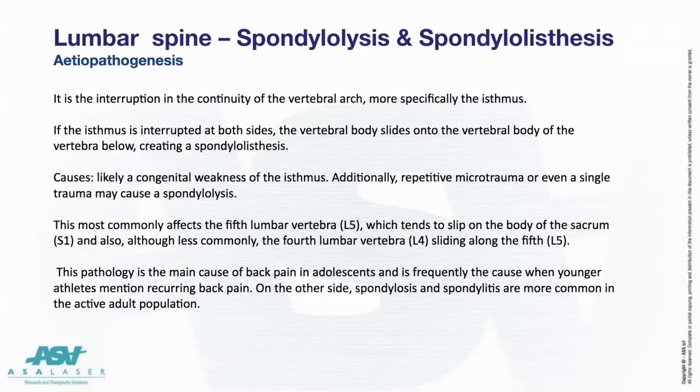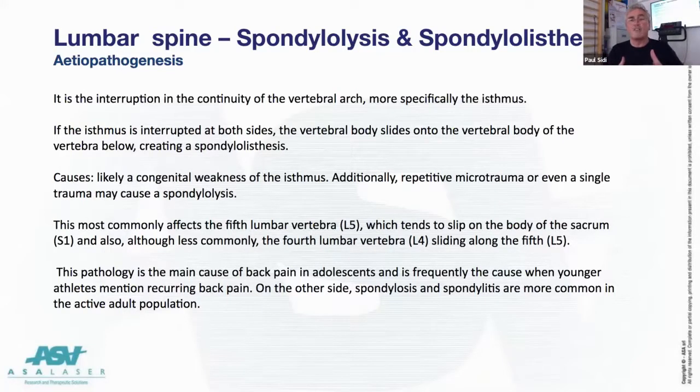If you look at cricketers, 40% were scanned, some were symptomatic, but an awful lot asymptomatic. The bowlers have the spondylolysis because the rotation and the power coming through is causing a fracture on the pars interarticularis. It's a cause of pain, and it's something which we can deal with massively with a laser.